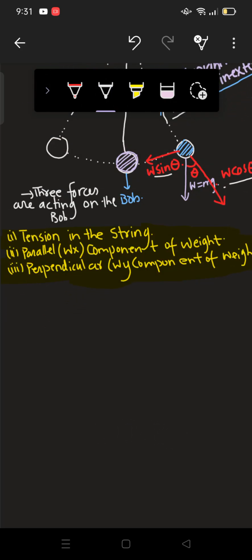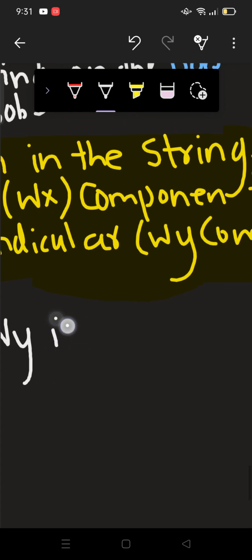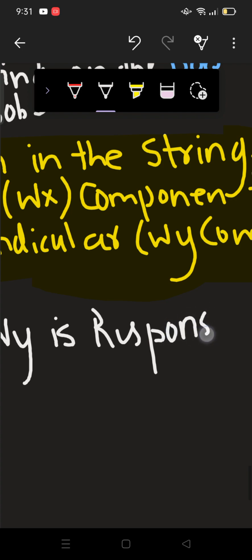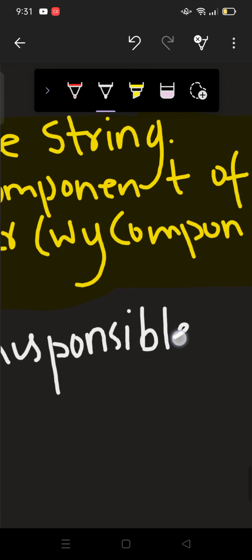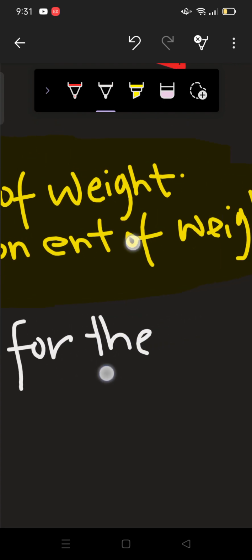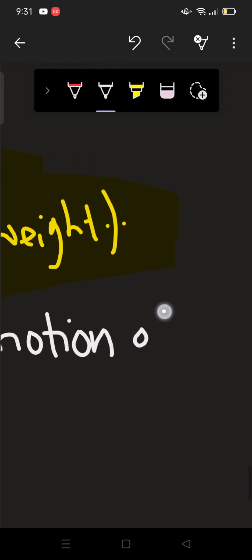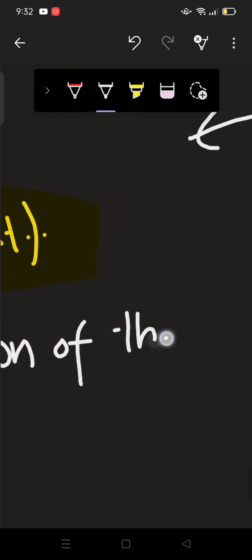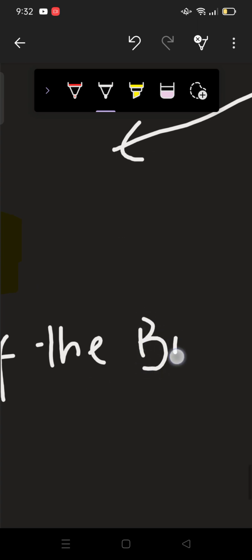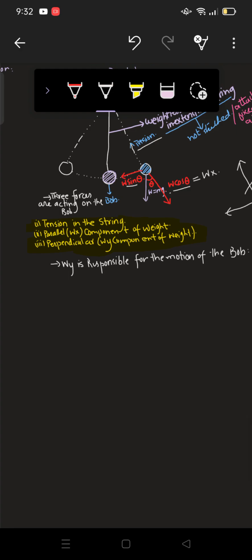So the Wy component of weight is responsible for the motion of the bob.